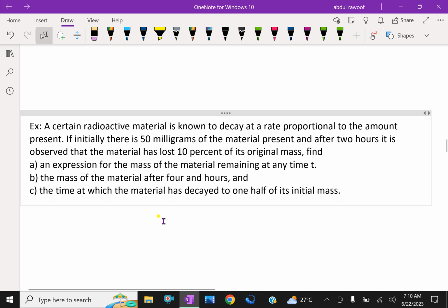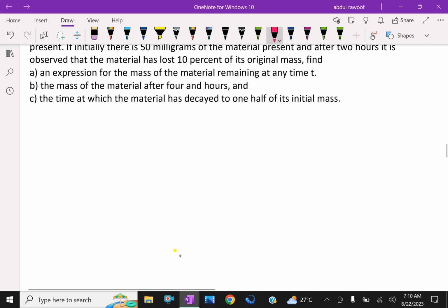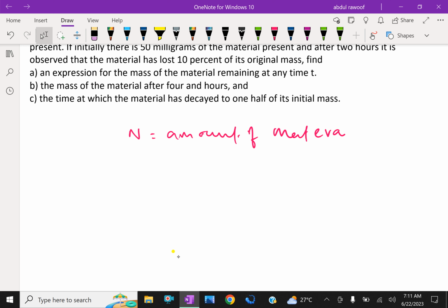Now let N be the amount of material present at time t.